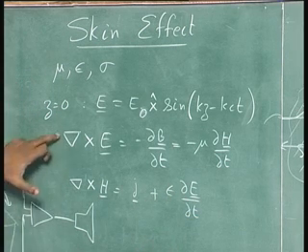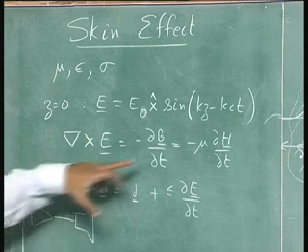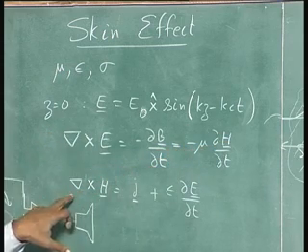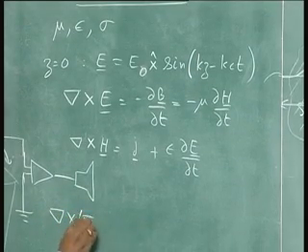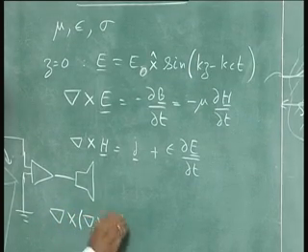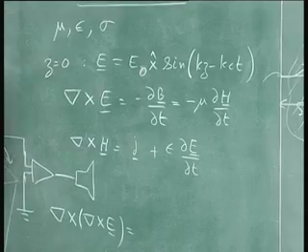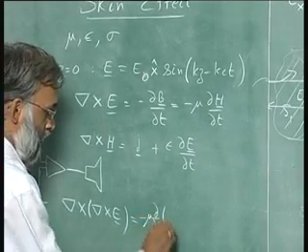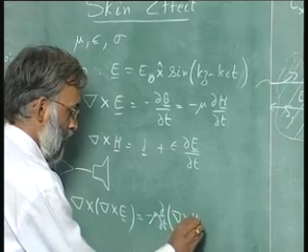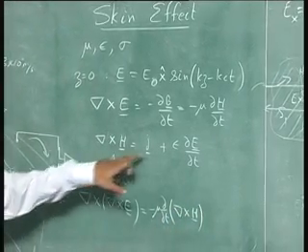And again I will combine these two equations. I can see that in order to eliminate H, I must take the curl. So, I get curl of E is equal to minus mu del del t of curl of H, but curl of H is this.